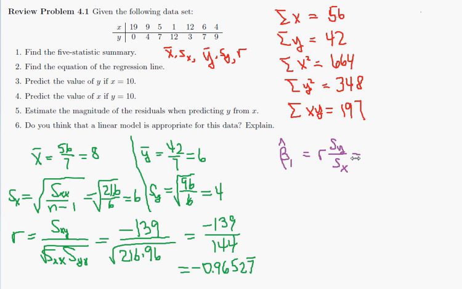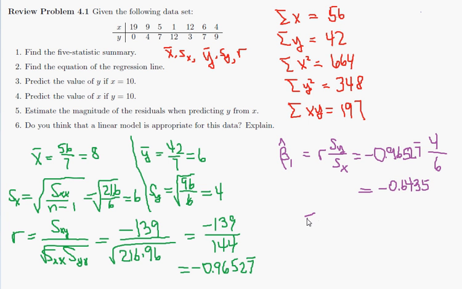And so that is equal to negative 0.96527 bar repeating times the standard deviation of y, which is 4, over the standard deviation of x, which is 6. And so that works out to be negative 0.6435. And then 185 repeating after that. I'll just cut it there.